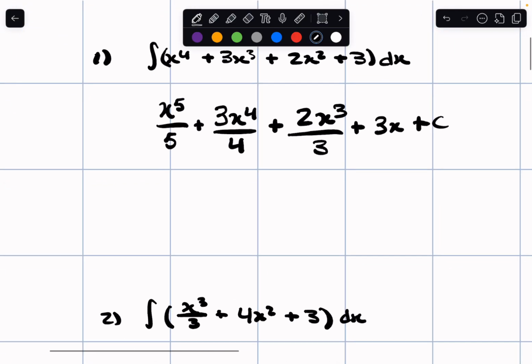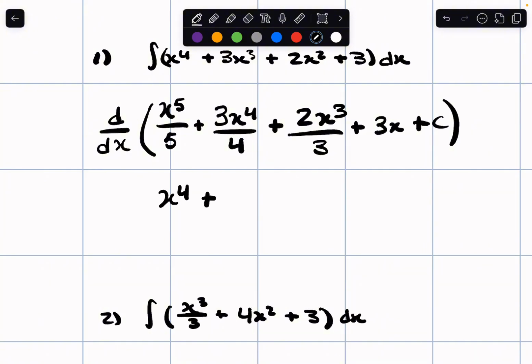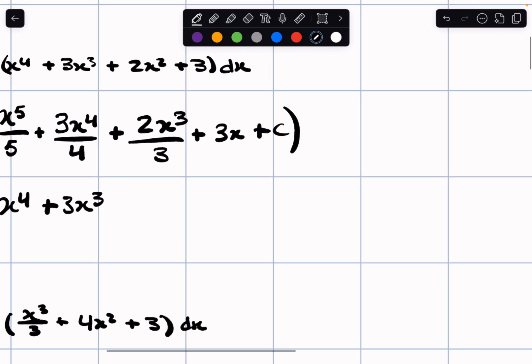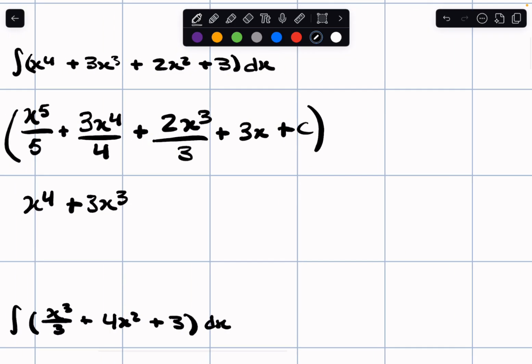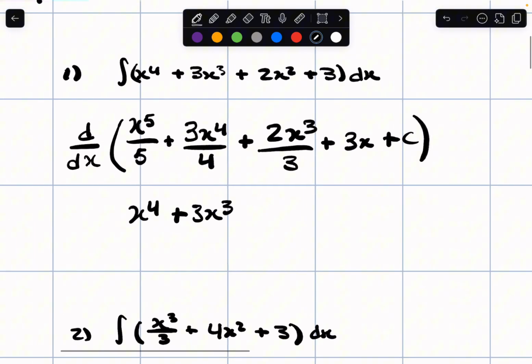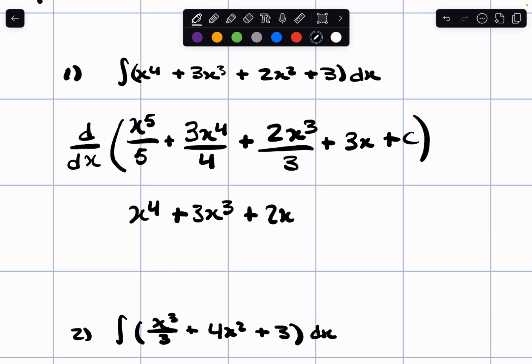Now, what would happen if I took the derivative? Just to prove that they're inverses, what happens if we take the derivative? We're going to take the power down and subtract 1 from the power. It's going to be 5 times x to the 4th over 5, which would be x to the 4th, plus, bring over the 4 and subtract it, it's going to be 3, so it's going to be 3x cubed, and then we're going to subtract 1 from the 3, so it's going to be squared, and then we're going to bring the 3 down, so we plus 2x squared.